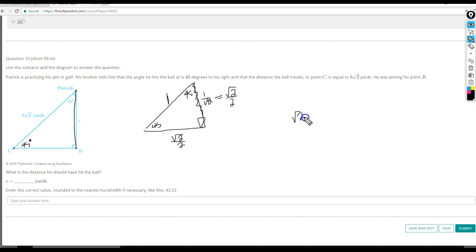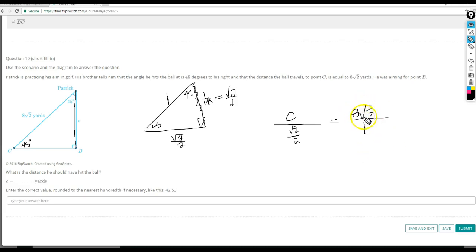Time out, I want C to be in the numerator. So I'm going to start my proportion with C, and the numerator is C over the square root of 2 over 2 as, alright, this length, our hypotenuse, 8 square root of 2, divided by, and this hypotenuse length is 1.